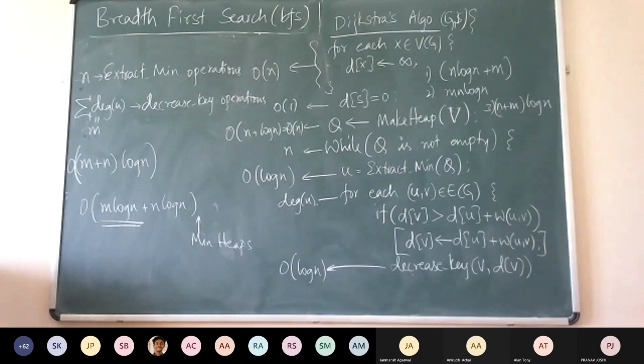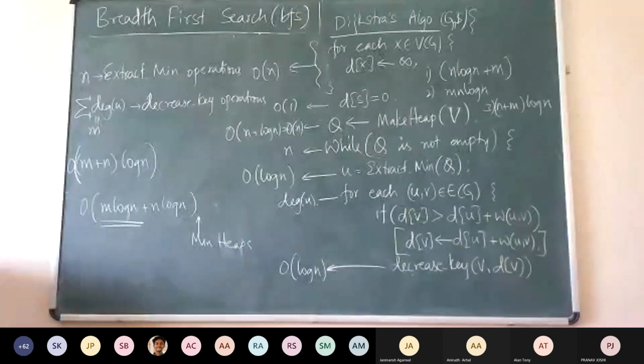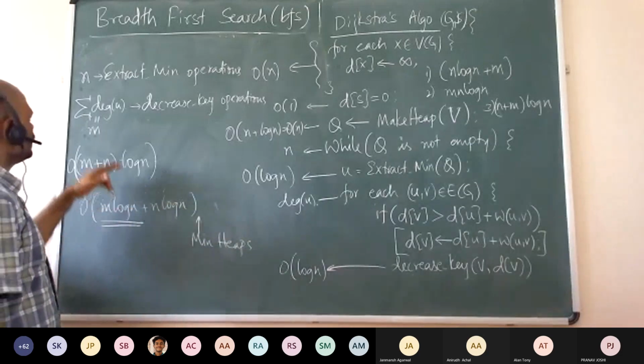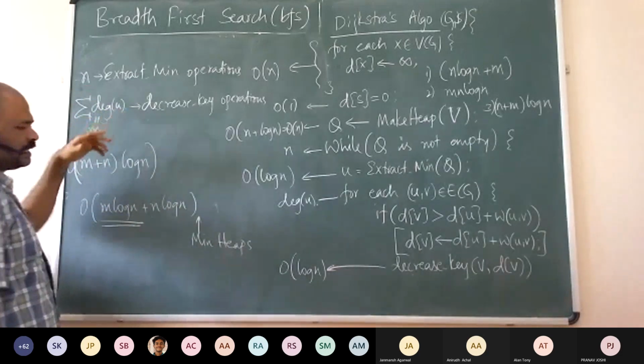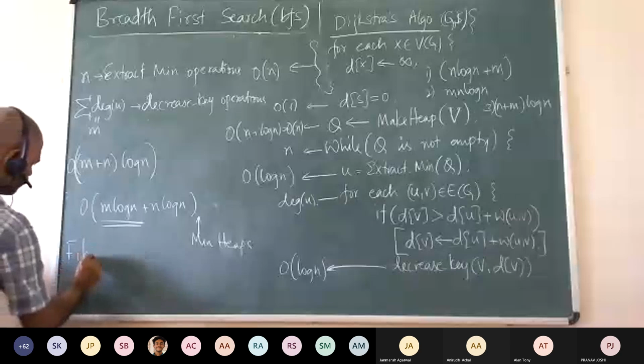Suppose there is a data structure which does this decrease key operation in a much more efficient way, then we could improve this running time. That is what happens in Fibonacci heaps.